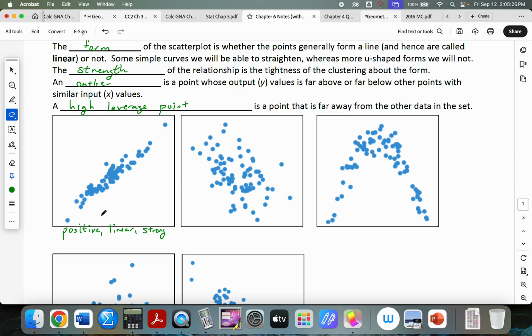And here's the deal. If I kind of thought about drawing an ellipse around these that got everybody inside of it, and it was really an ellipse, the longer the ellipse is compared to the width of the ellipse, the stronger it is.